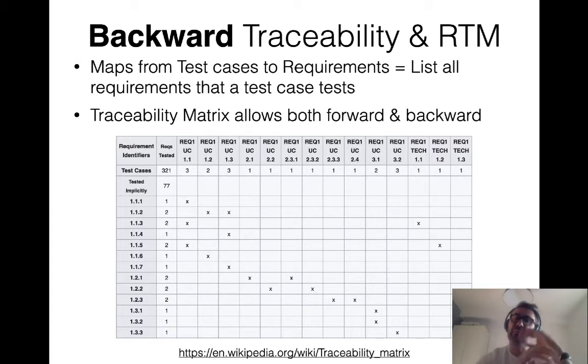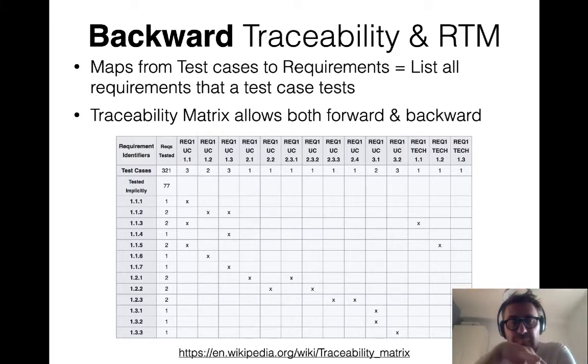And this matrix allows both forward and backward. Backward here would be, let's go to the test case on row 1.1.2. You can see it's testing two requirements. So it's requirement 1.2 and 1.3, right?